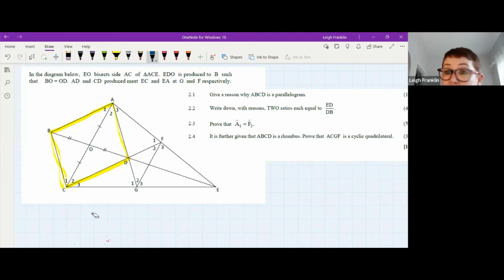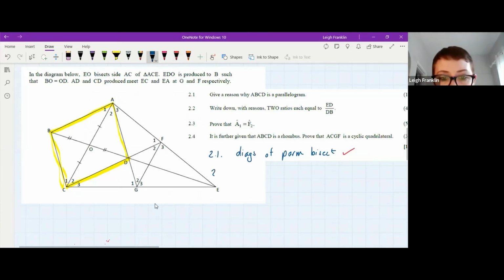Lovely, that's 100% perfect. Well done. So the reason that it's a parallelogram is because the diagonals bisect one another. Let's write that down: the diagonals of a parallelogram bisect. That will get us 1 mark.